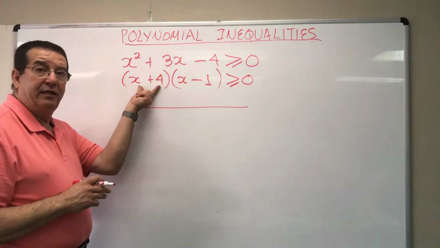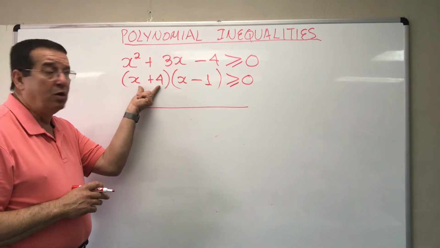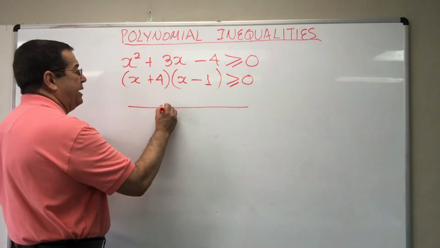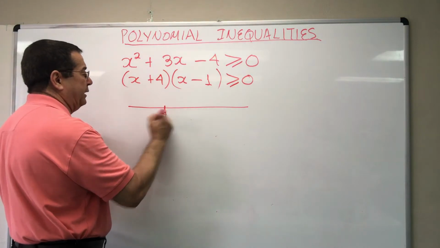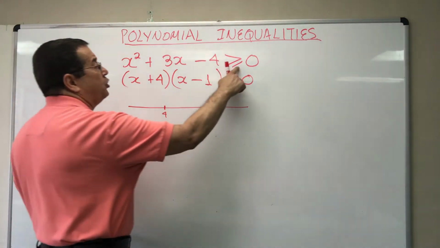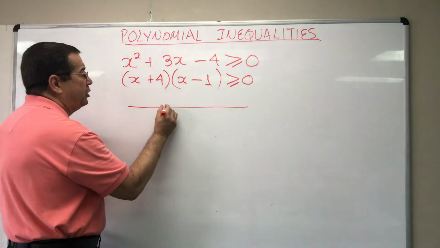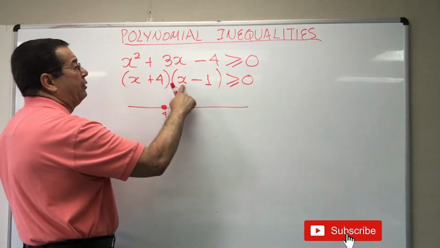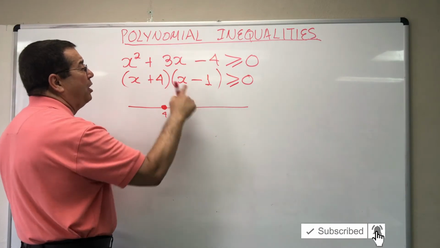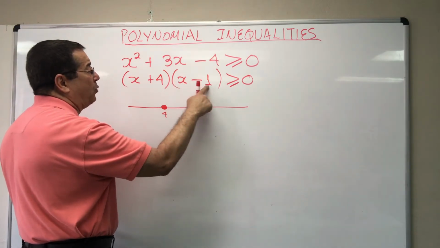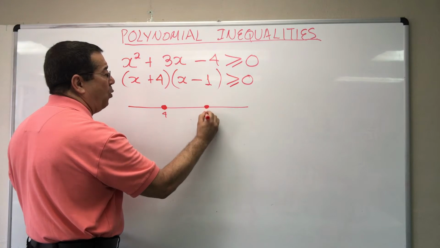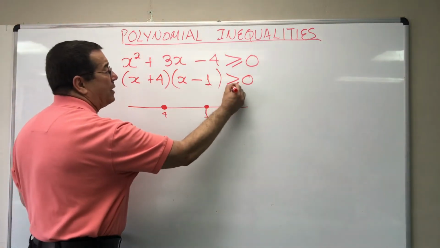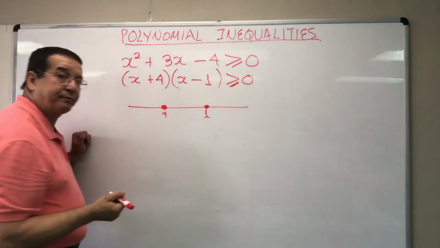This factor is 0 when x is negative 4, so you write negative 4 here, and because you have the equal sign, you include negative 4. At another point, this factor is 0 when x is 1, since 1 minus 1 is 0, so you write 1, and you close it because you have the equal sign, equal 0.